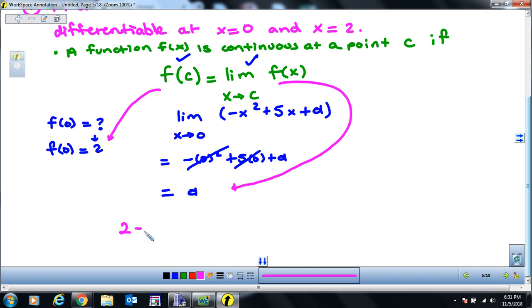So all I'm going to do is equate them to each other, and I found, just by doing that, what the value of a must be on this function for f of x to be continuous at the given value x equals 0. Because all my analysis right now was with respect to 0. Okay? So we're going to make a little note here.